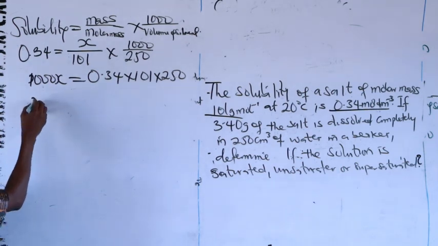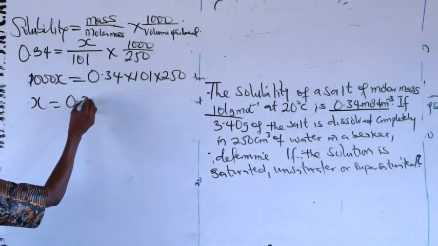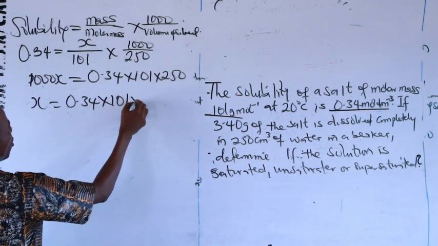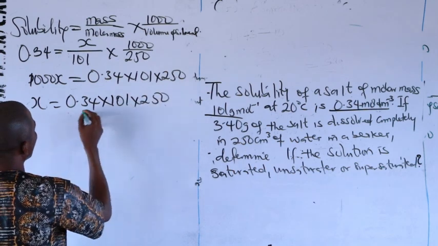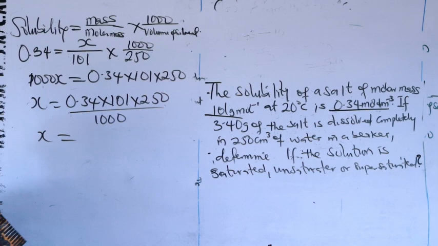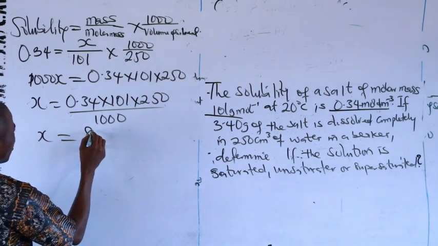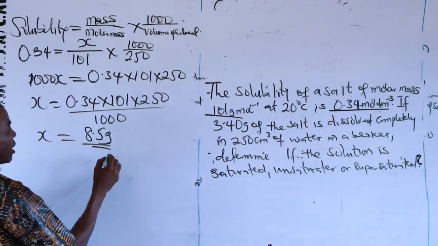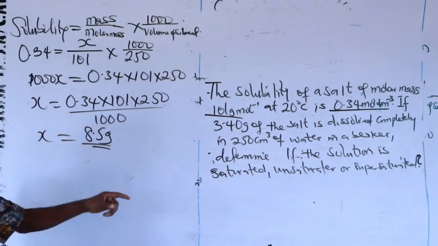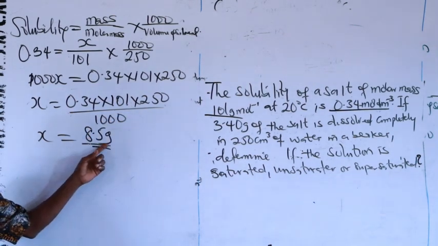Then you can say x is equal to 0.34 times 101 times 250 divided by 1000. Then x is equal to what? 8.5 grams. It shows that 250 centimeter cube of water can hold as much as what? 8.5.